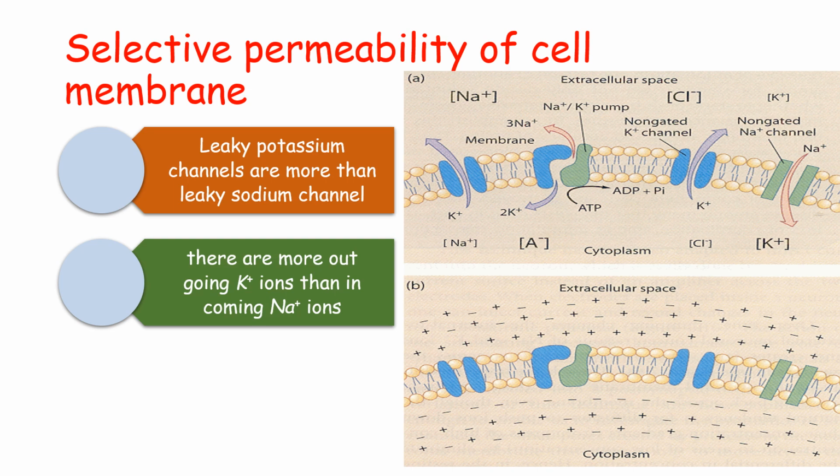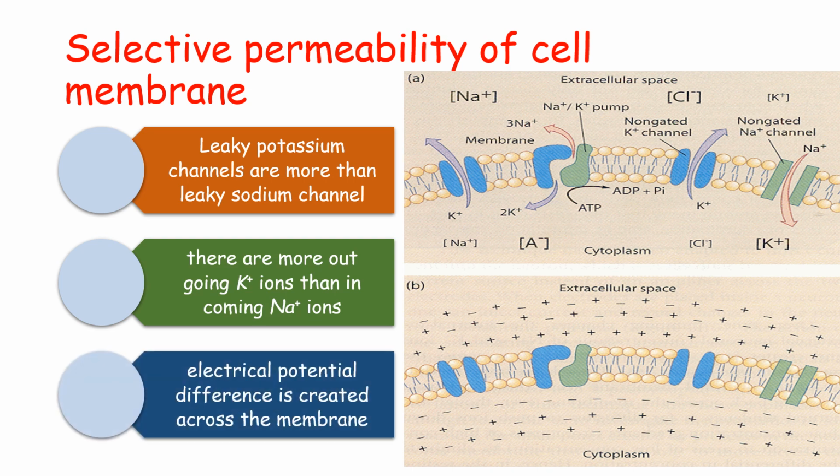So this will result in the creation of a potential difference, a concentration difference. Why? Because more positive ions are going out of the cell as compared to the ions entering the cell. So if more potassium leaks to the outside of the cell and less sodium enters the cell, what will happen?